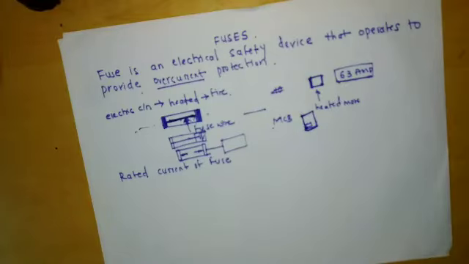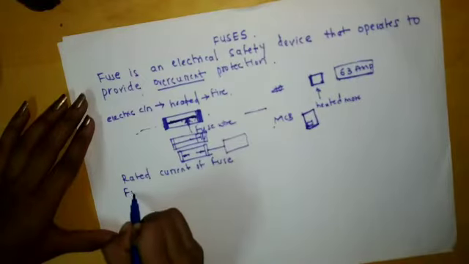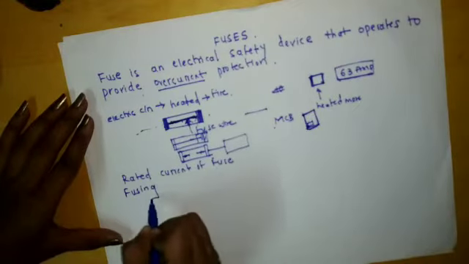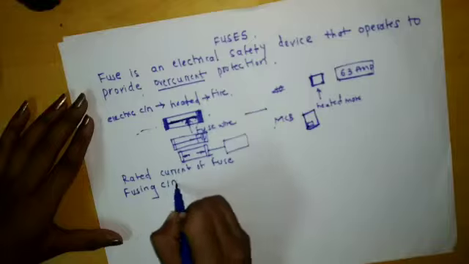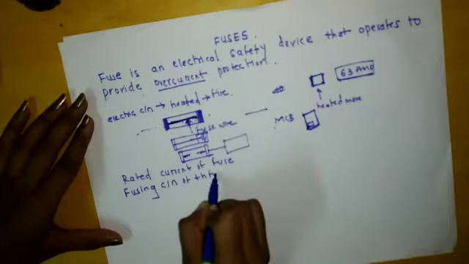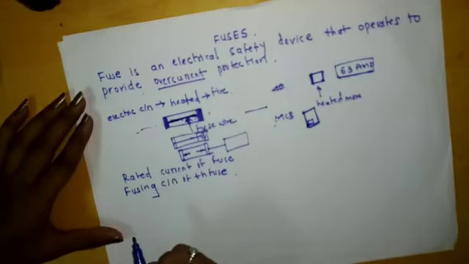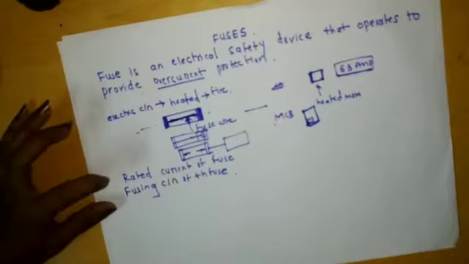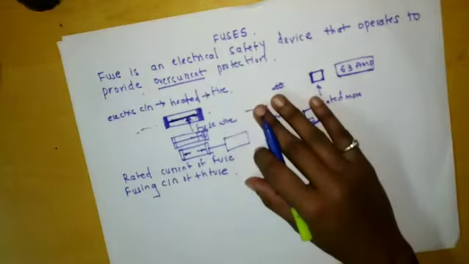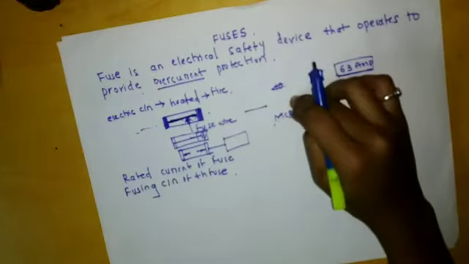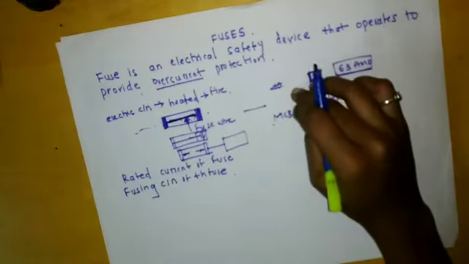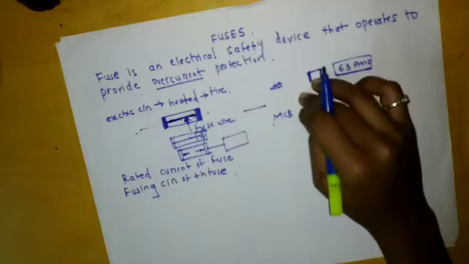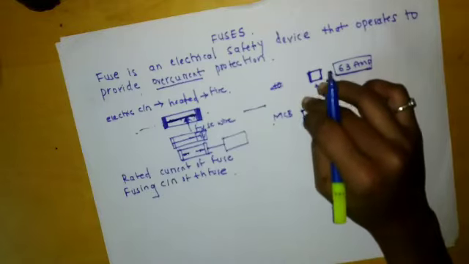So now moving forward, the next one is the fusing current of the fuse. So we have seen the rated current, now we will see the fusing current. It means the value of current at which the fuse wire melts when the current passes even for a fraction of a second.